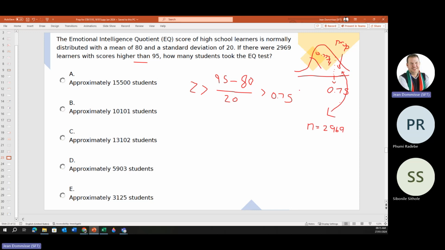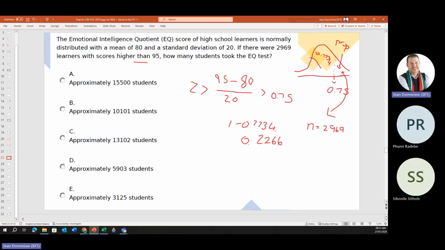The area we're looking for is 1 minus 0.7734. So the probability is 0.2266, because that is 1 minus 0.7734.